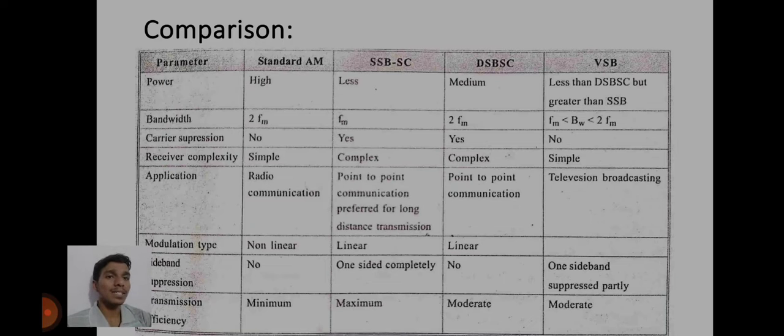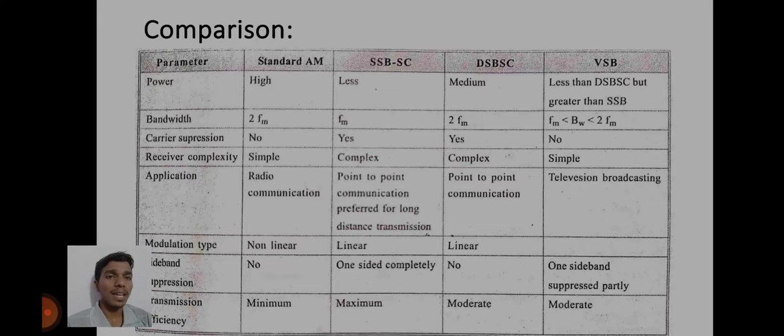In DSBSC it has two sidebands, so the power requirement is medium. In VSBSC it is less than DSBSC and greater than SSBSC. Hence the signal is a vestige plus sideband, so its bandwidth is between DSBSC and SSBSC.